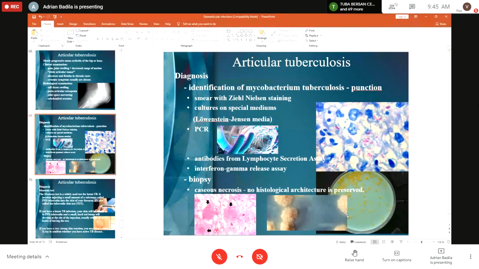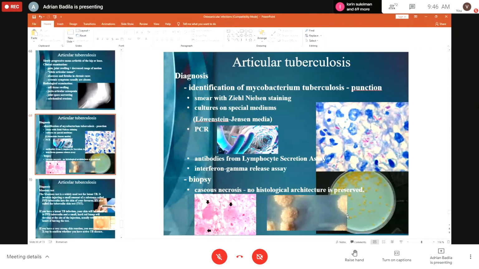The diagnosis. The diagnosis in osteoarticular tuberculosis is based on the identification of Mycobacterium tuberculosis. We will perform a punction, and from the extracted liquid, we will produce a smear with a specific staining, which is the Ziehl-Neelsen staining.